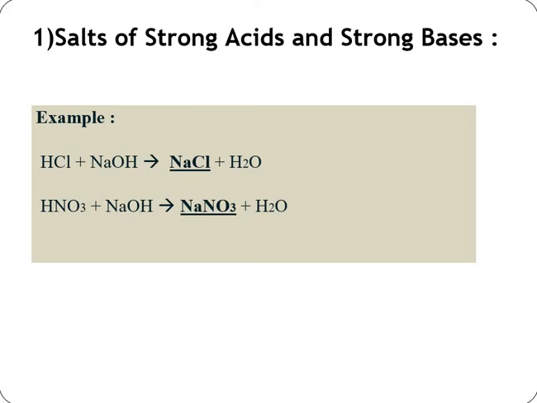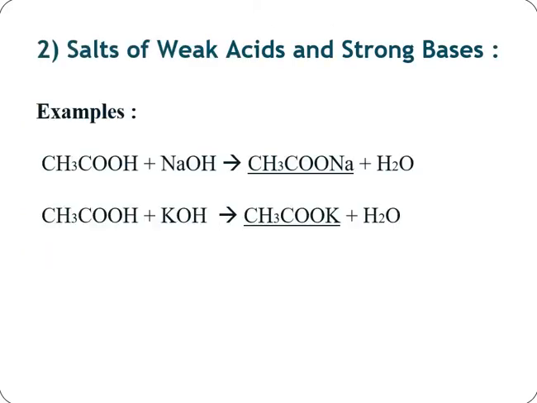So next point is salts of weak acids and strong bases. Sodium hydroxide is a strong base. Potassium hydroxide is also a strong base. But acetic acid, oxalic acid, these are weak acids. This acetic acid reacts with sodium hydroxide. It gives sodium acetate and water.